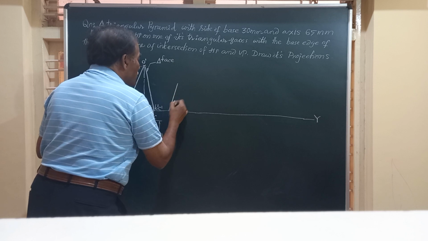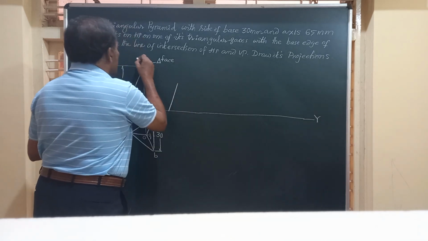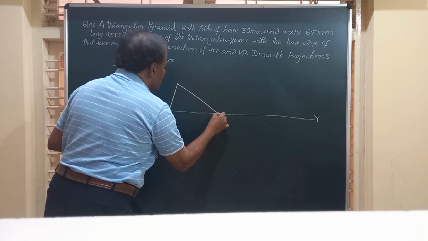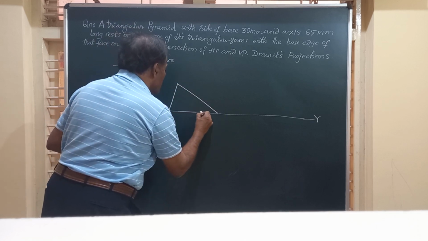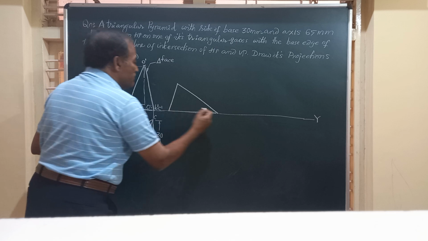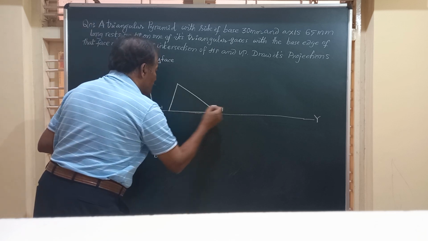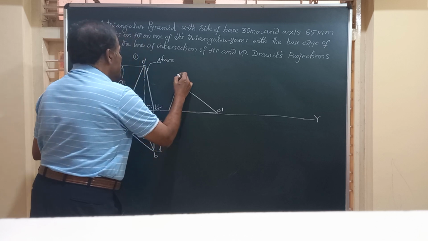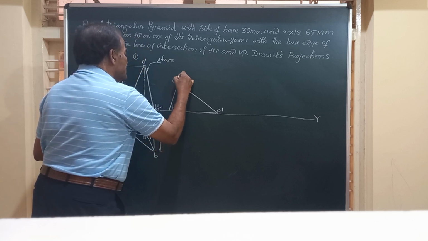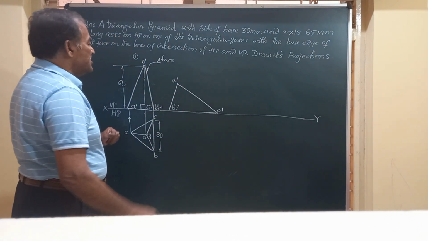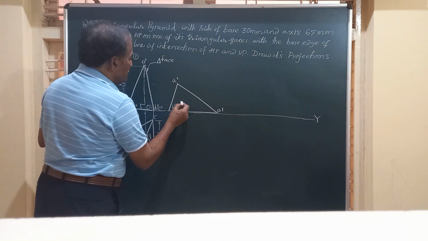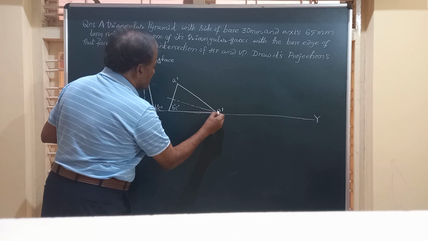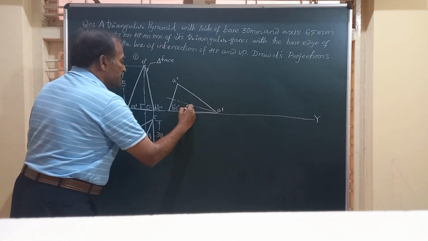Friends, I am going to redraw figure number 1 as figure number 2 with this side O dash B dash C dash, which is the triangular face, on HP, B dash C dash, and this point very obviously becomes A dash. Friends, here we can see that the pyramid is resting on O dash, B dash, C dash.